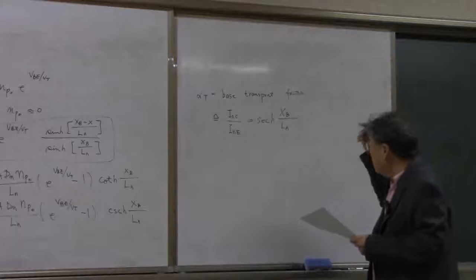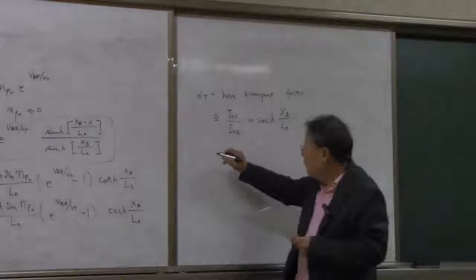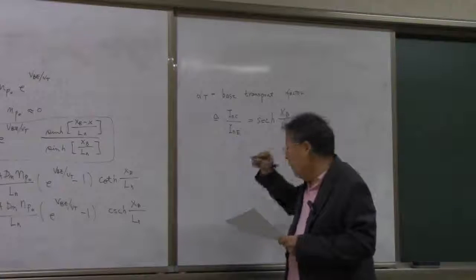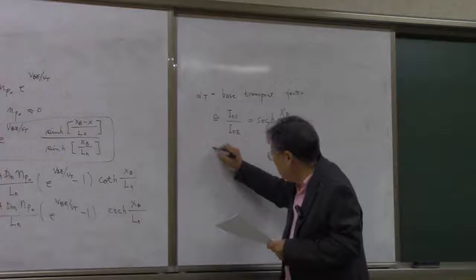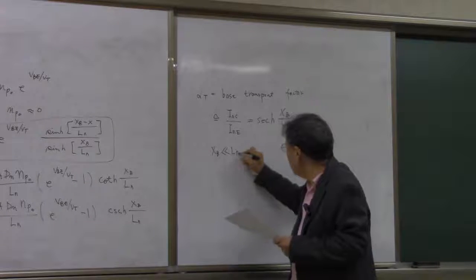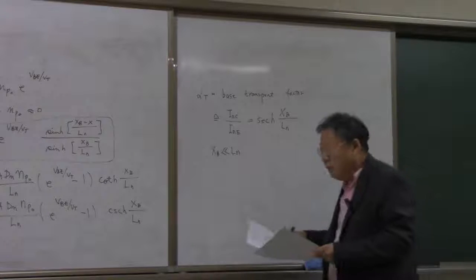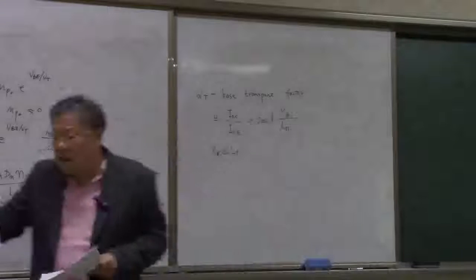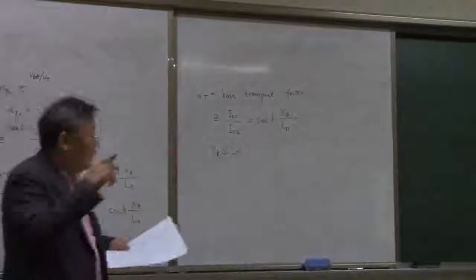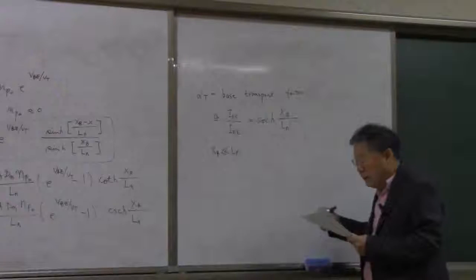And obviously, in modern bipolar technologies, x_B is much less than L_n, so we have very little recombination in the base of the electrons which have been injected into the base.